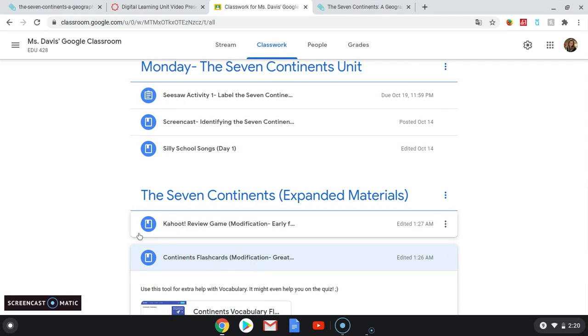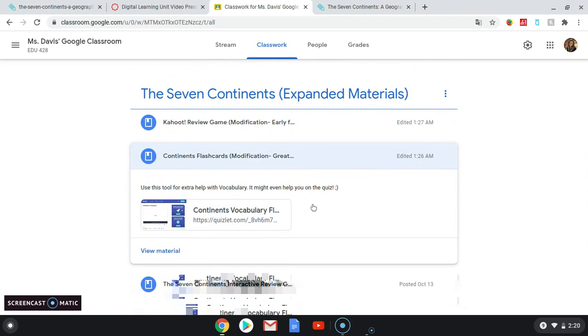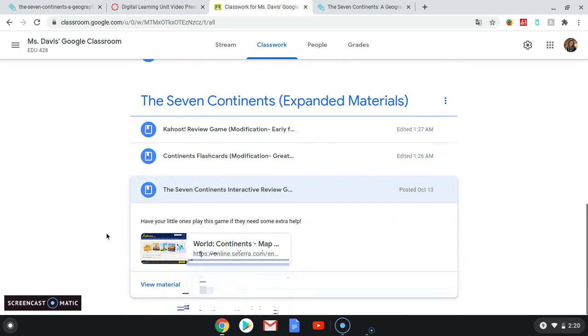I did Quizlet flashcards, which also have some games they could do. And I did a review of world continents where it said the name of the continent and they had to click on it. And I had I can statements, so students had a goal for each day.